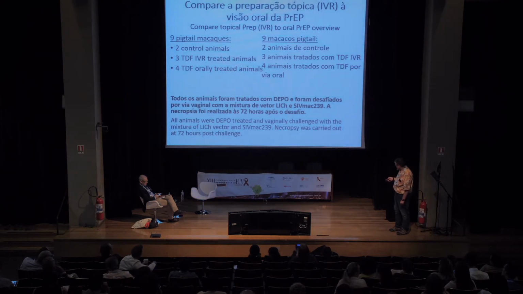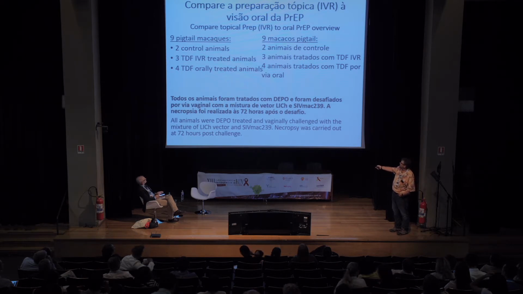So what we're going to do is a comparison of oral PrEP to topical PrEP, and we're going to use Viread, TDF. Okay, and so this is, unfortunately because of budget limitations and access to pigtail macaques, a smaller study, but it very much recapitulates some of our other work.